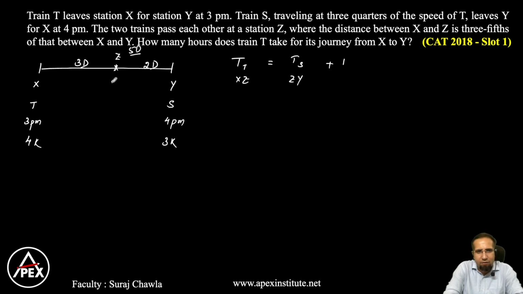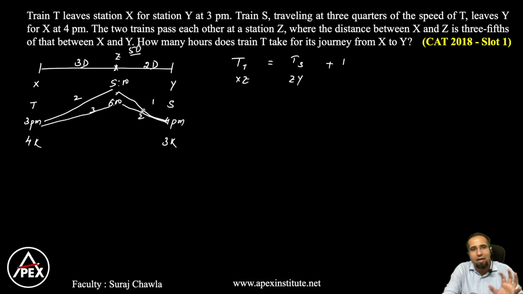Suppose they are meeting at 5 p.m. This train has traveled from 3 to 5, that means 2 hours, whereas this train has traveled for only 1 hour. Clear? If they are meeting at 6 o'clock, then this train would have traveled 3 hours and this train 2 hours. So in every case, the time gap is 1 hour.